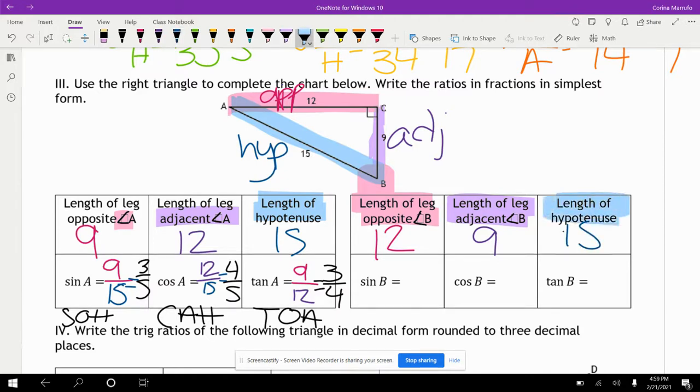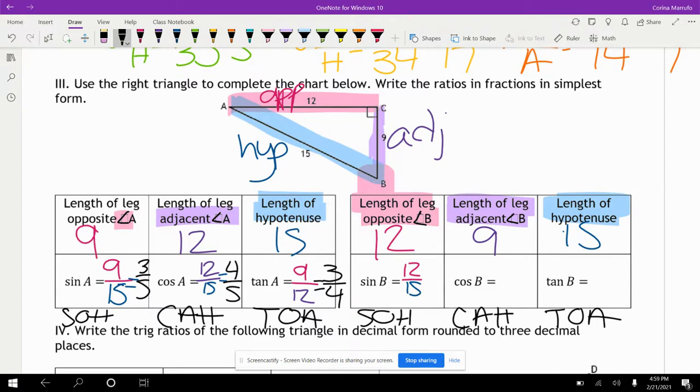And then we're going to do our Sohcahtoa, or our some old hippie caught another hippie tripping on acid. So our sine function is a ratio of our opposite over hypotenuse. Our opposite here is 12 and our hypotenuse is 15.